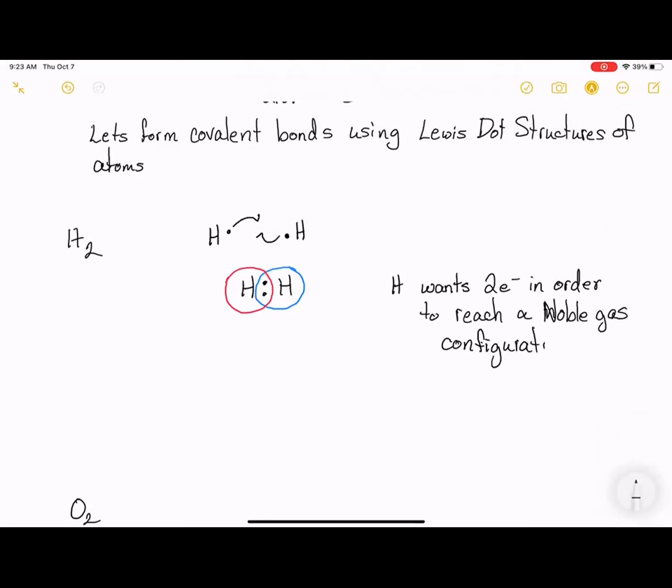So it wants those two electrons, and this is one way it can get them, through the sharing of electrons between the two atomic nuclei. Now, we don't typically write the dots between atoms. Instead, we will write a line. That line is referred to as a single bond, and it literally means that there are two electrons shared between the two atomic nuclei.